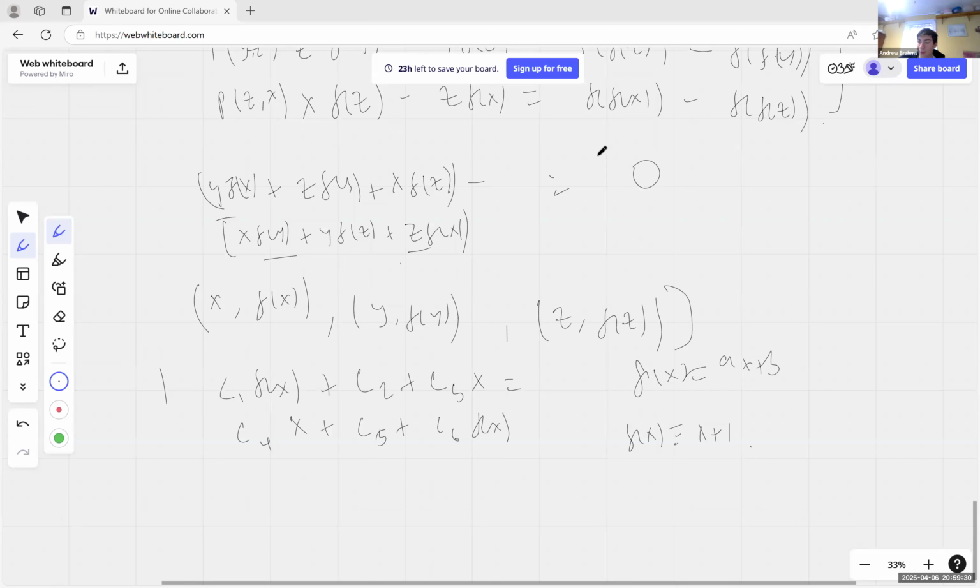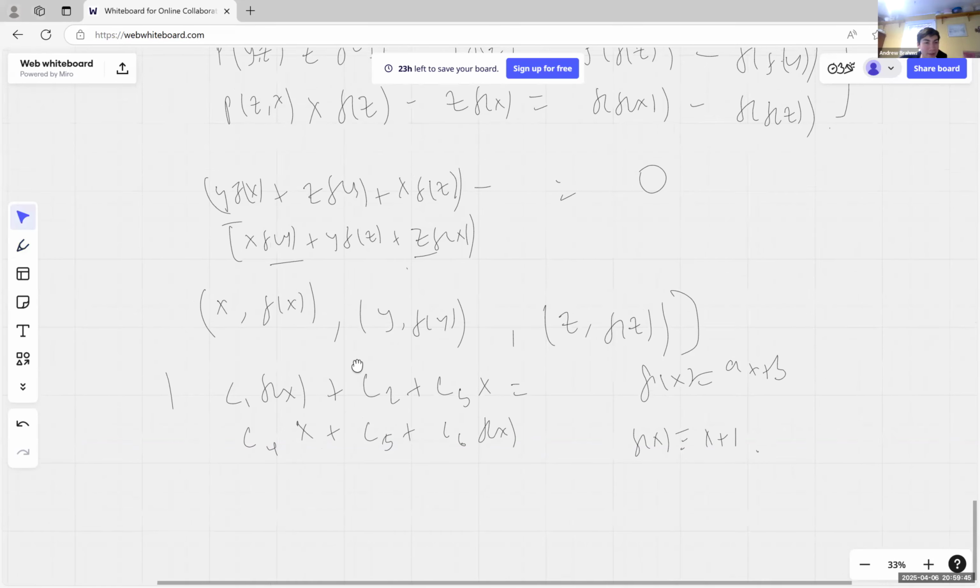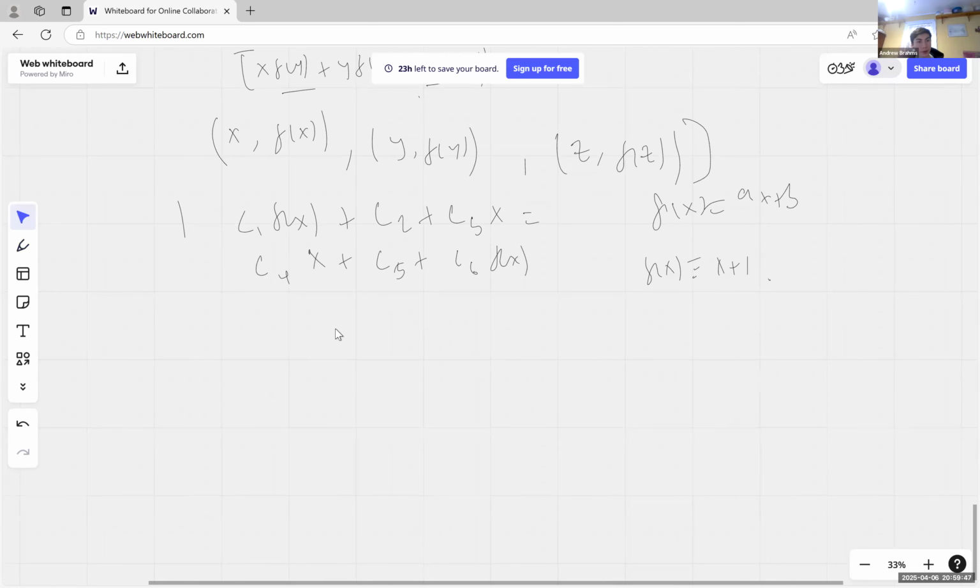Now, there are a couple more problems on the injectivity side. I don't know if we should keep going. I know that it has been one hour, almost exactly. Is there a specific amount of time that this is supposed to go for? Well, not really.